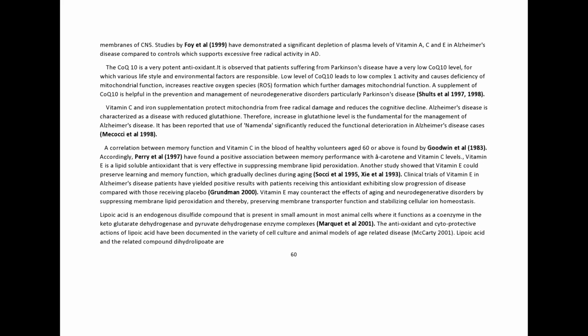Another study showed that vitamin E could preserve learning and memory function, which gradually declines during aging, Socci et al. 1995, Xia et al. 1993. Clinical trials of vitamin E in Alzheimer's disease patients have yielded positive results, with patients receiving this antioxidant exhibiting slow progression of disease compared with those receiving placebo, Grundmann 2000.